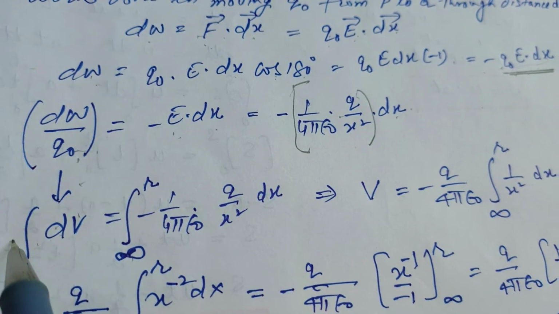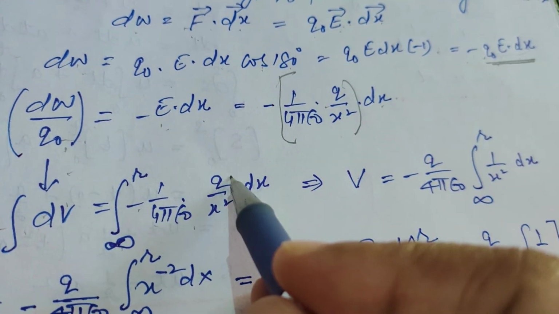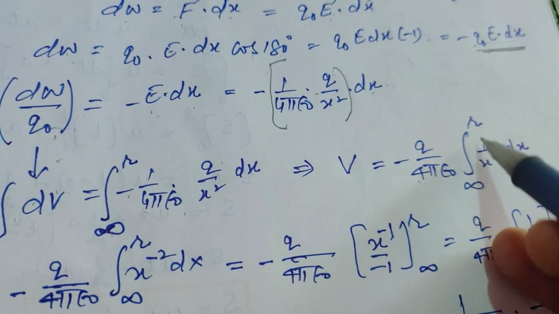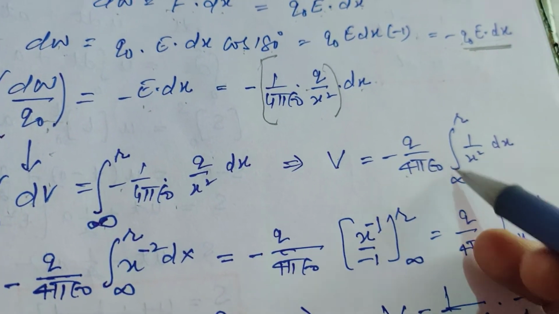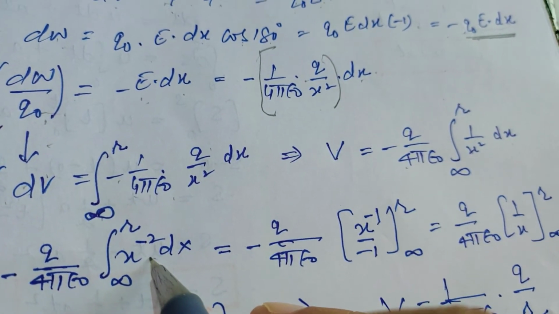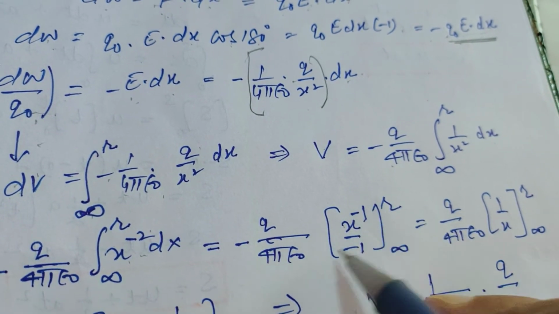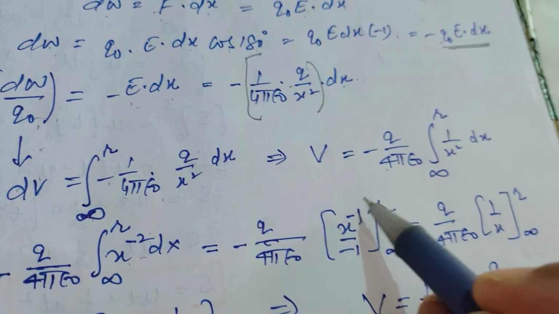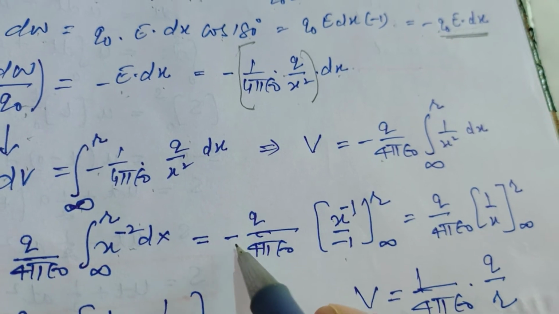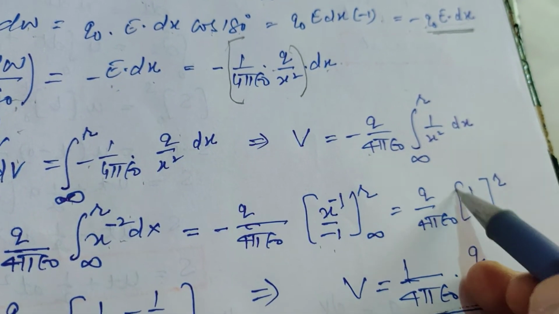Integration cancels dV, giving V equals minus 1 by 4 pi epsilon naught q, taking q outside as it is constant, integral of 1 by x square dx from infinity to r. 1 by x square is x to the power minus 2. For integration of x to the power minus 2, it is x to the power minus 2 plus 1 over minus 2 plus 1, that will become x to the power minus 1 over minus 1. So minus minus cancels. X to the power minus 1 can be written as 1 by x.